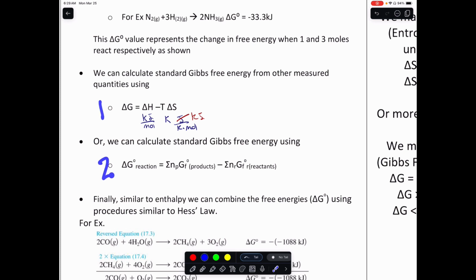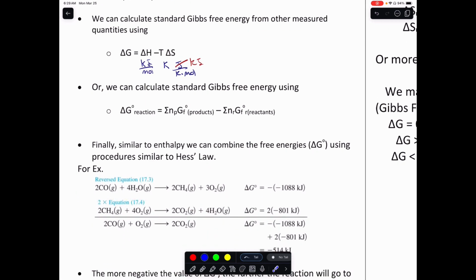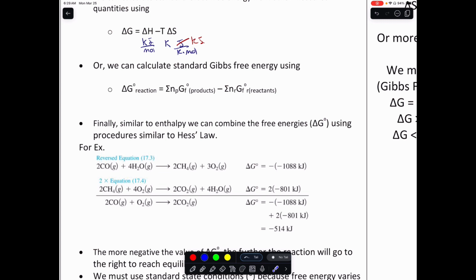A second way is to use the equation that we tried last night for homework. We can use the standard values for free energy from the appendix. Those would be given in a table on a test or quiz. And then finally, we can use a method similar to how we worked with enthalpy, where we combine the free energies using Hess's law.